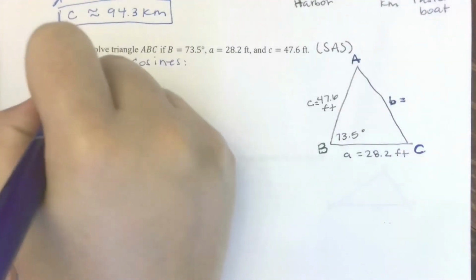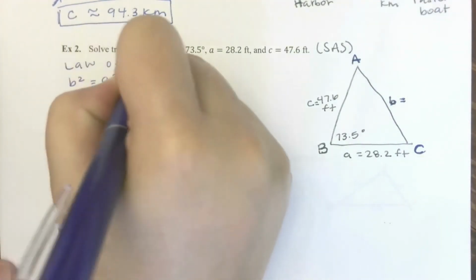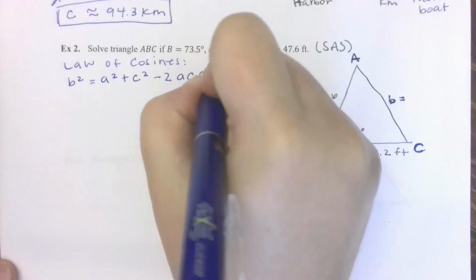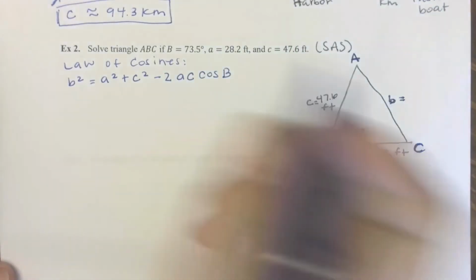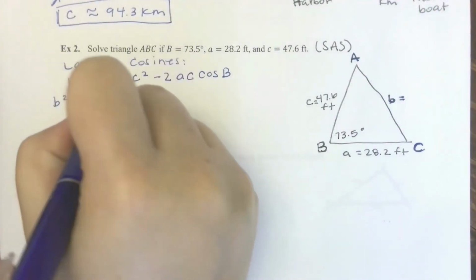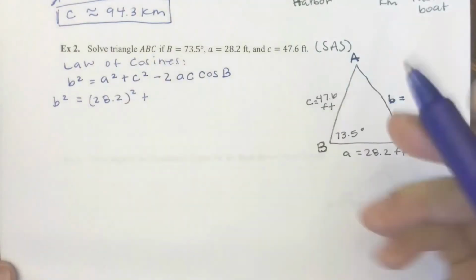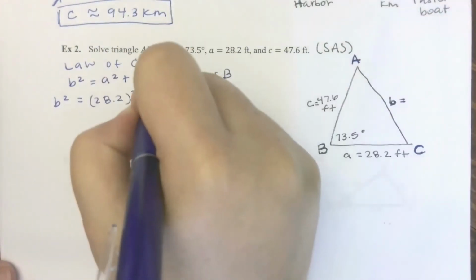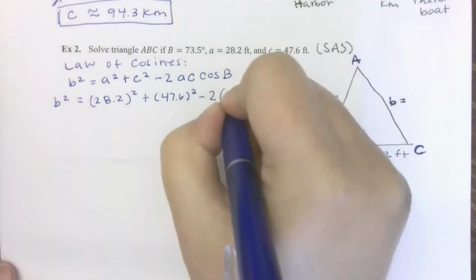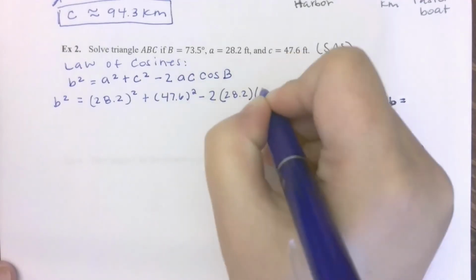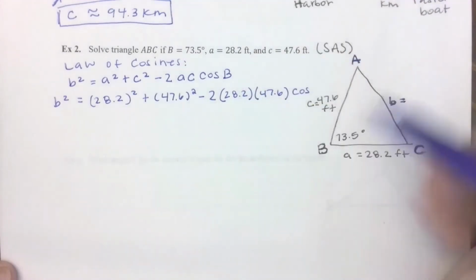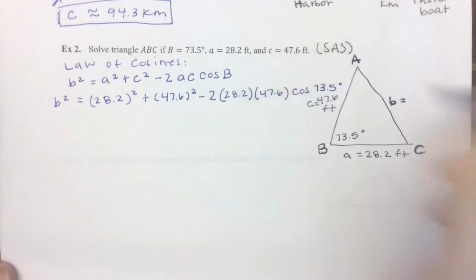We're going to use the formula B squared equals A squared plus C squared minus 2 times A times C times cosine of B. So that gives me B squared is equal to 28.2 squared, plus 47.6 squared, minus 2 times 28.2 times 47.6 times cosine of 73.5 degrees.